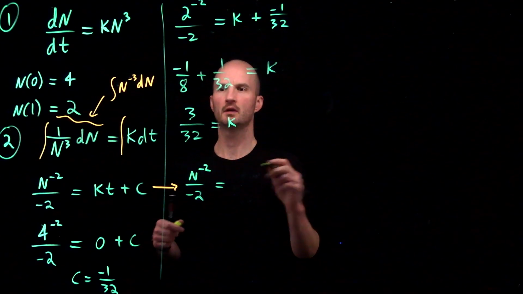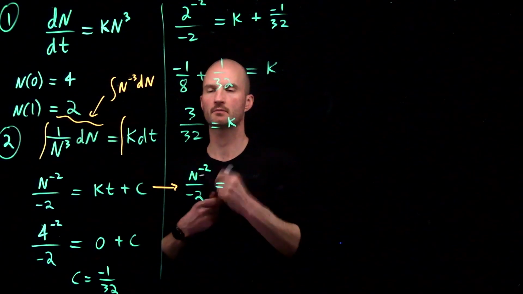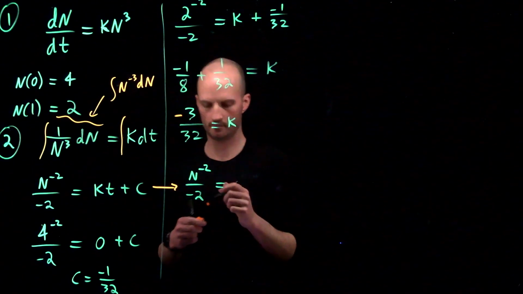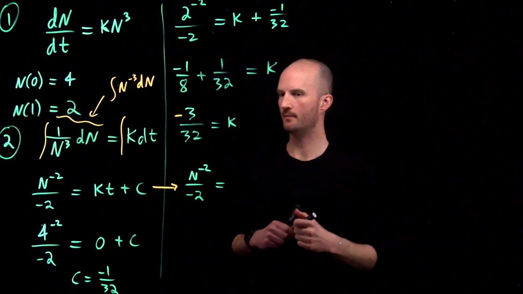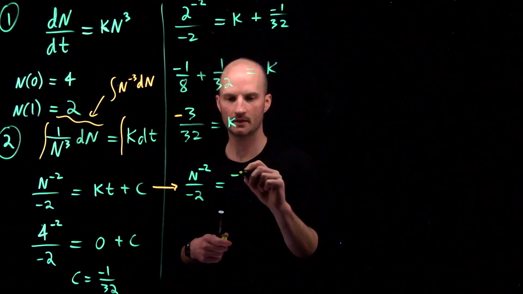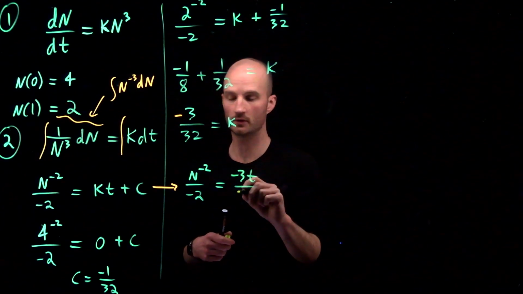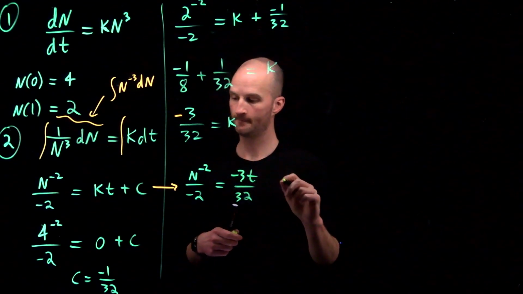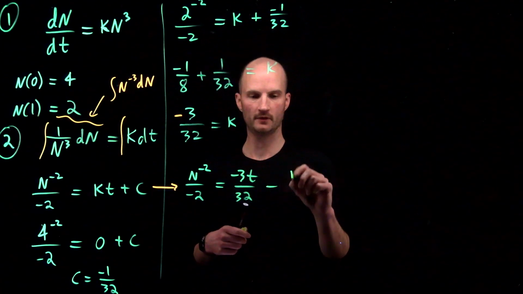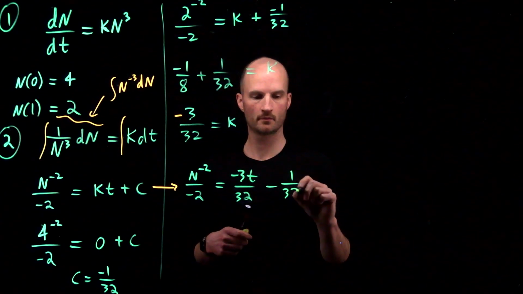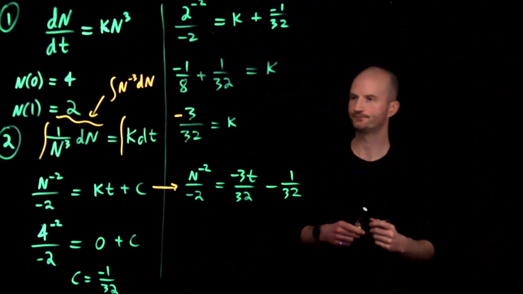Got a mistake here. This should be minus 3. Minus 3 over 32. Sorry about that. So I get minus 3t over 32 minus 1 over 32.